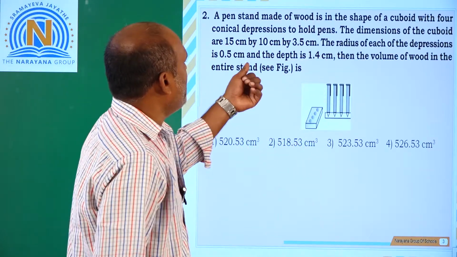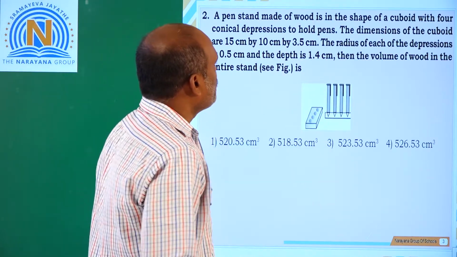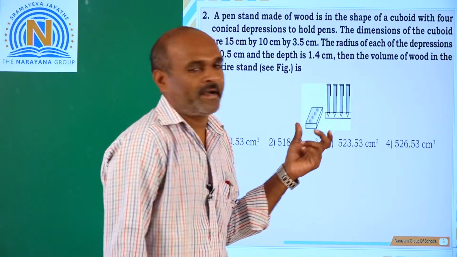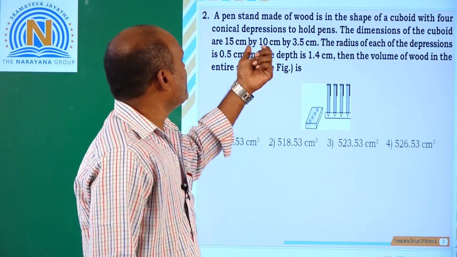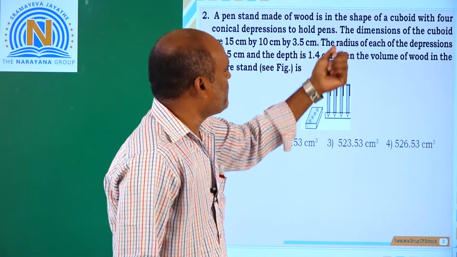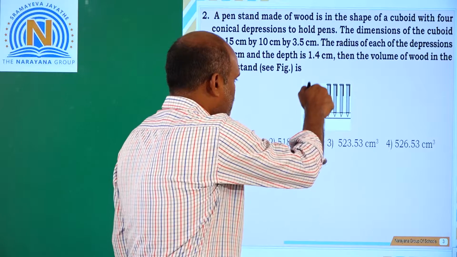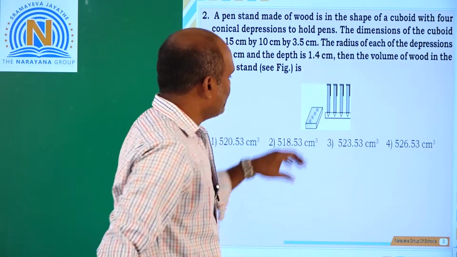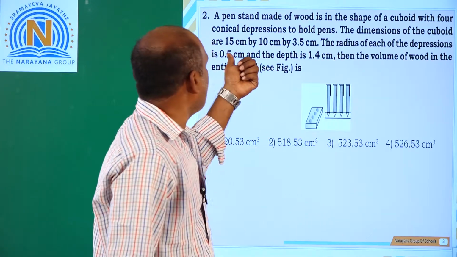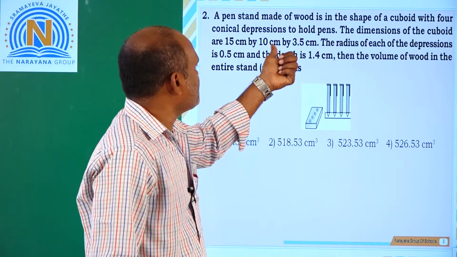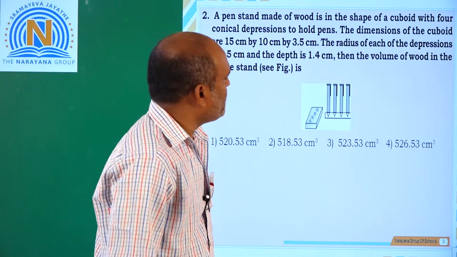Next, a pen stand made of wood in the shape of a cuboid with 4 conical depressions to hold pens, holes in a cone shape. The dimensions of the cuboid are 15 centimeters, 10 centimeters, 3.5 centimeters.